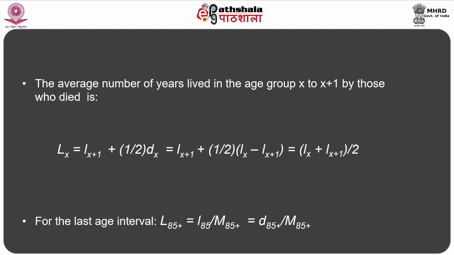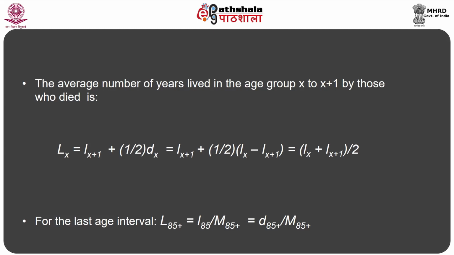The average number of years lived in the age group x to x plus 1 by those who die is capital Lx equals small lx plus 1 plus half of dx, which equals small lx plus half of the difference of small lx minus lx plus 1, that is equal to small lx plus lx plus 1 divided by 2.